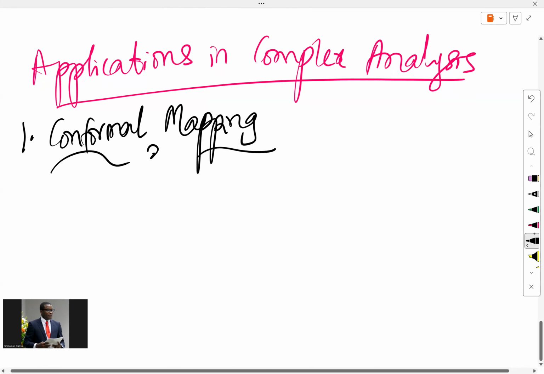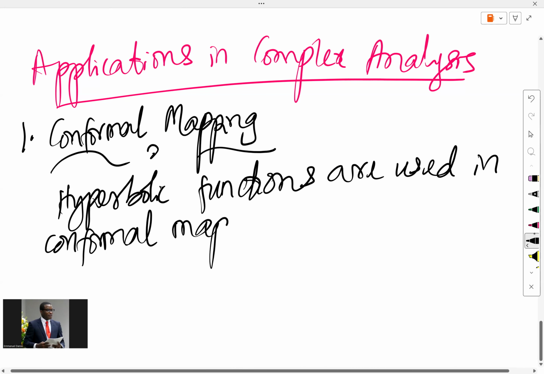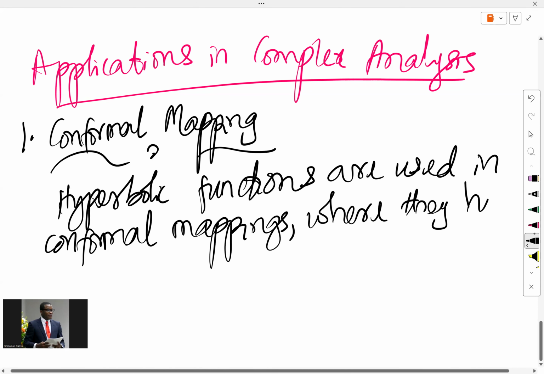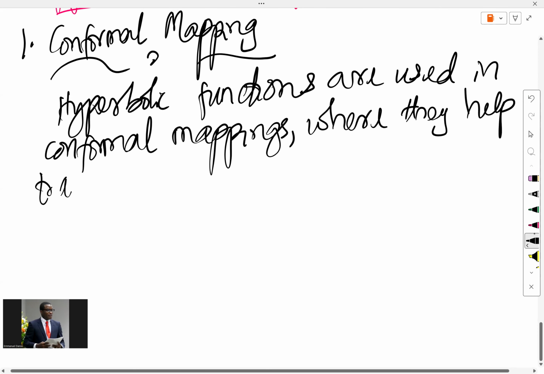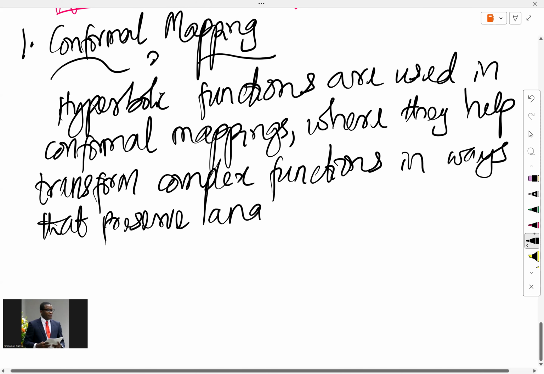Okay, so hyperbolic functions are used in conformal mappings where they help transform complex functions in ways that preserve angles.